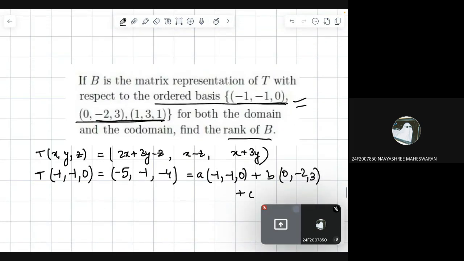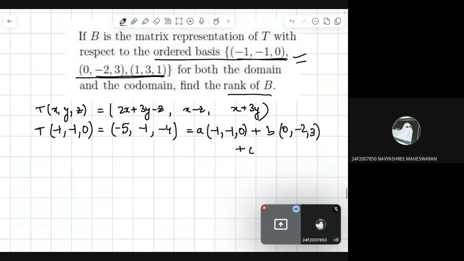Okay, no, fine. So this is then 1, 3, 1, right?